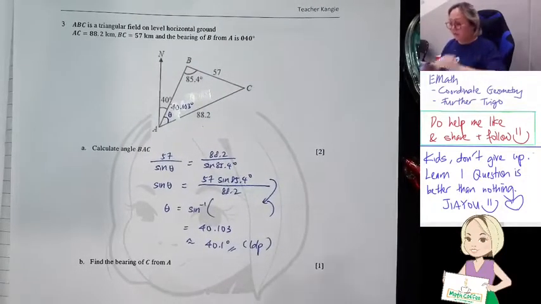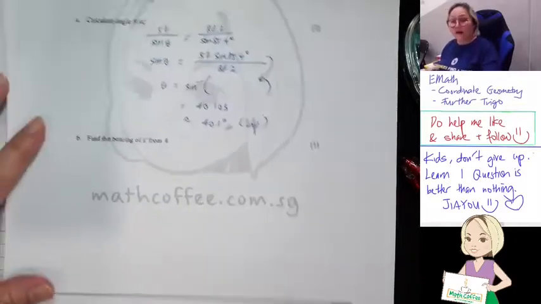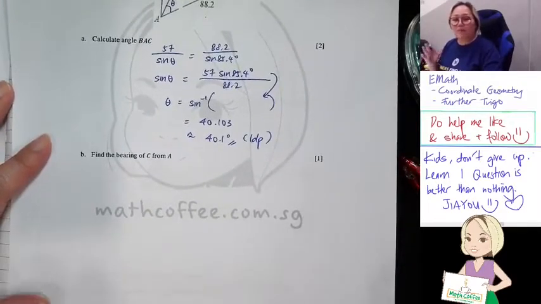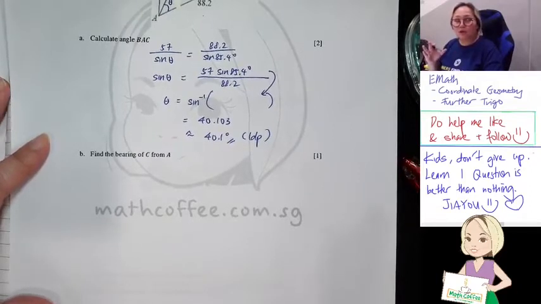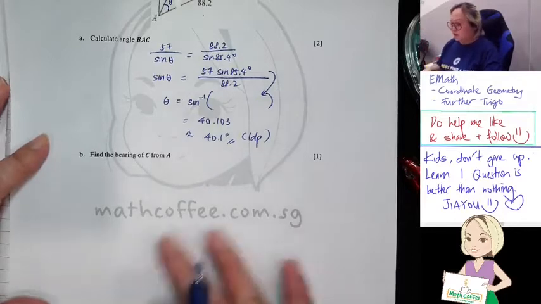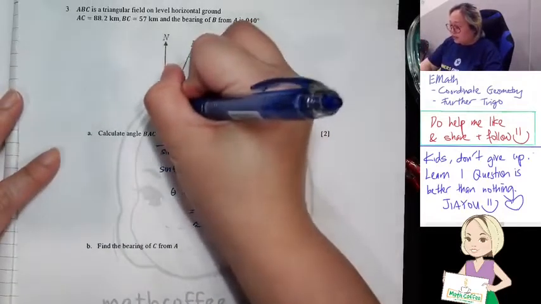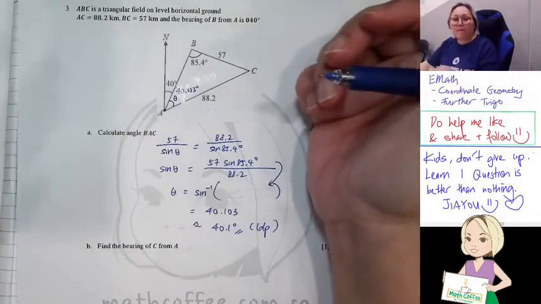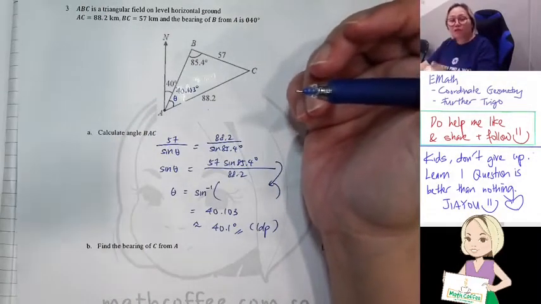Next, bearing. Okay, they ask to find the bearing of C from A. Okay, kids, this is how you get the so-called direction. They say from A, so that means you go to your A. You're going to put the north pole, which they already drew for you, so you don't have to draw. But if it's not drawn for you, you have to draw the north pole.